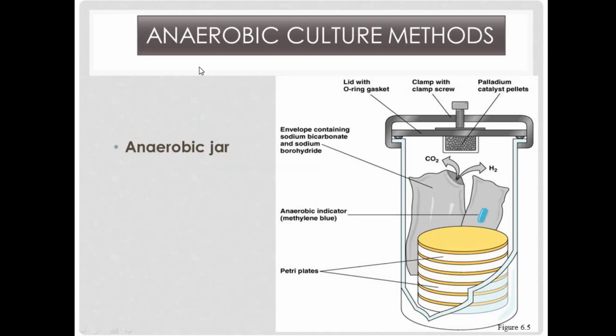Okay, so this is a typical example of an anaerobic jar. This is a very tightly closed container. Okay, this is the anaerobic indicator, the methylene blue. So dito natin malalaman kung wala na talagang oxygen pag nag-color blue siya. So this is your Petri plate.